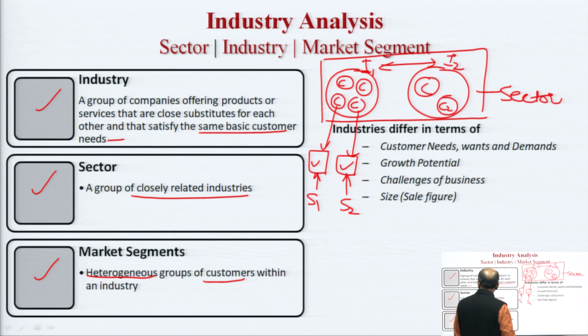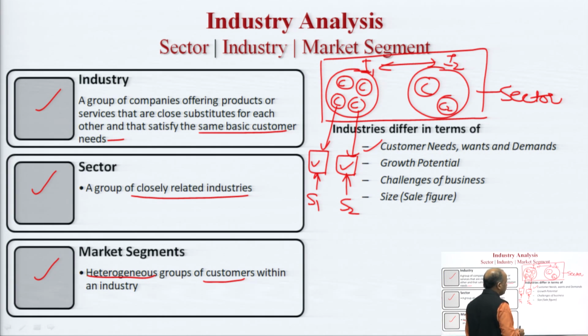So these are the terms which one must know before moving to Michael Porter's 5 forces model. Now, every industry differs from each other in these 4-5 terms. For example, the customer need, want and demand for a particular industry will be different from the others.